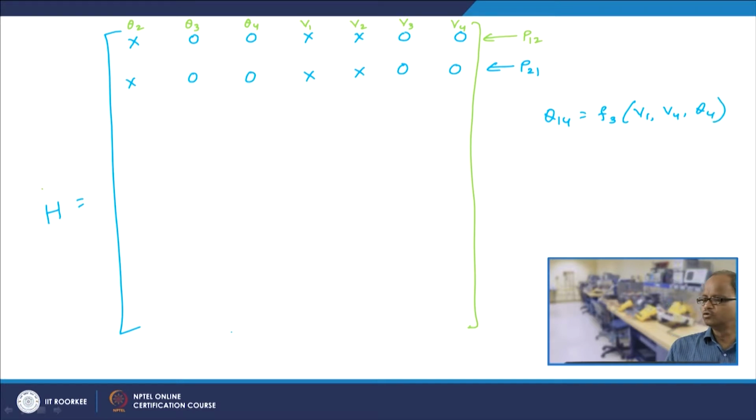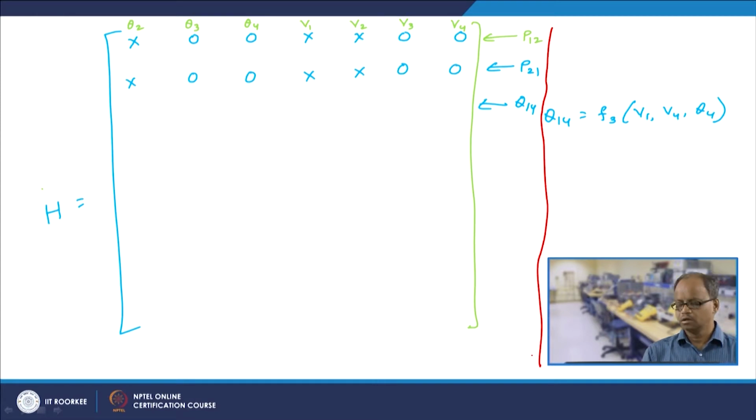So Q14 would have non-zero entries for V1, V4 and theta 4, and all the others are 0.